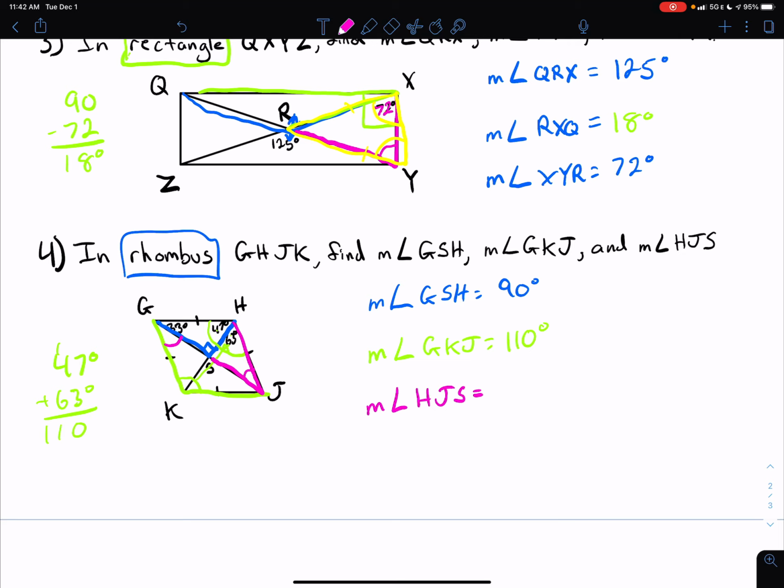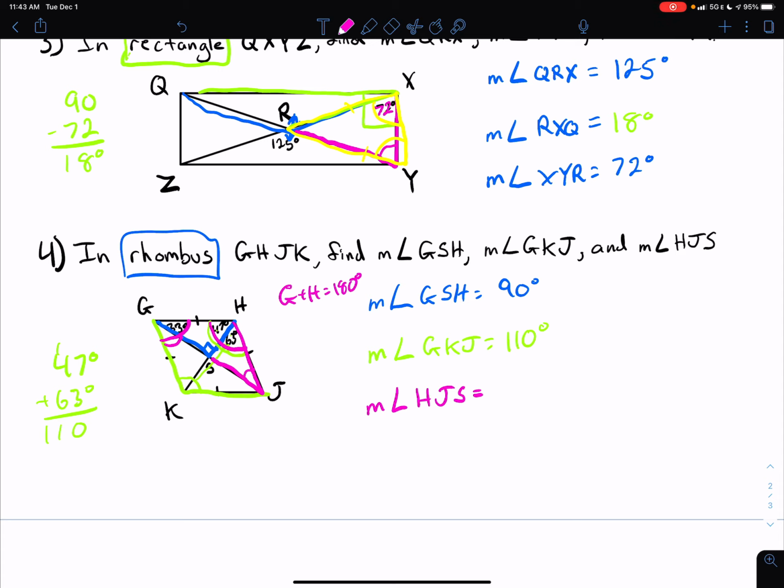So how do we get that one? Well, if we look at this big angle here and this big angle here, G and H should equal 180 degrees because they're consecutive or adjacent angles.